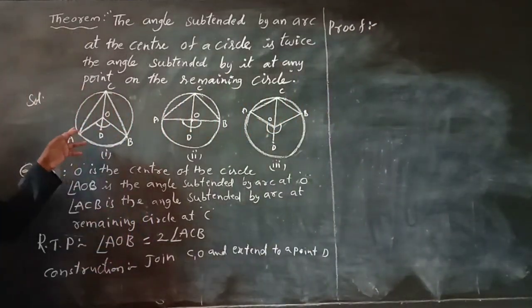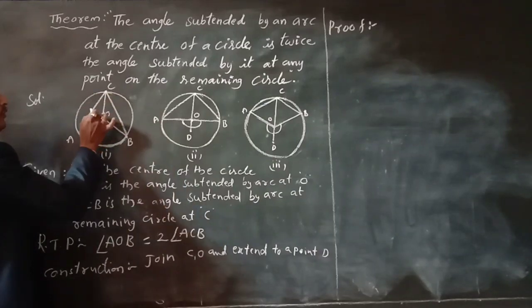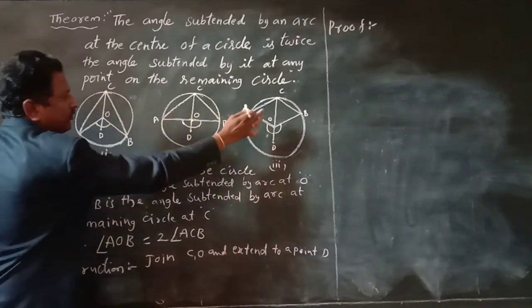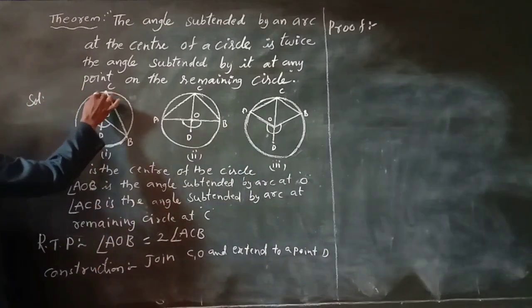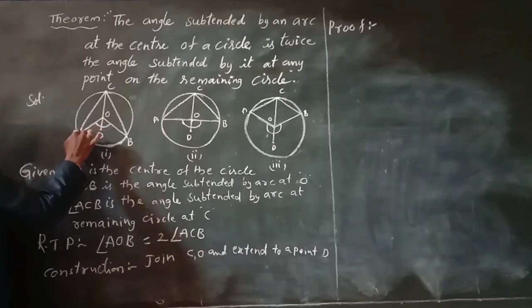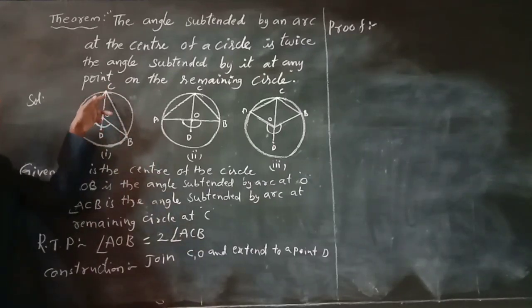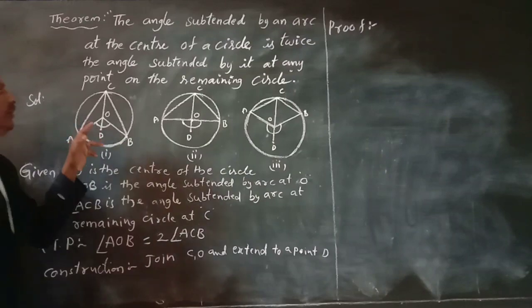Now consider the triangles. Here there are 2 triangles, here also 2 triangles. So consider one triangle. Here, CO and AO are radii of the same circle, so these 2 sides are equal.